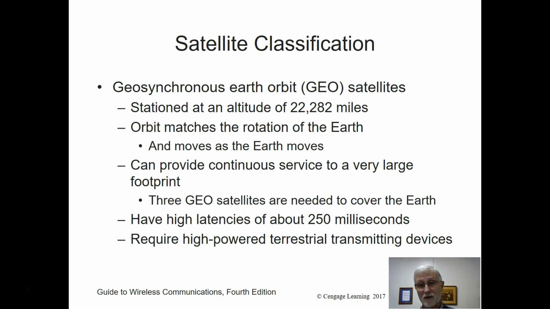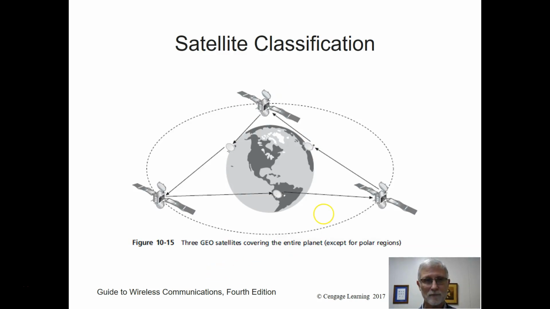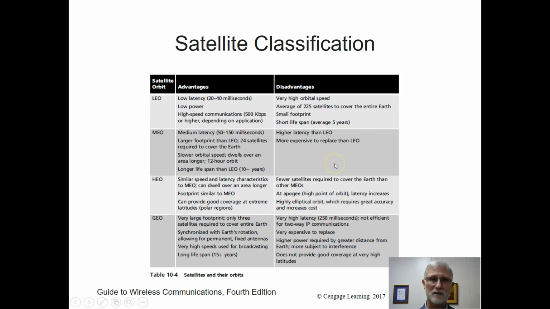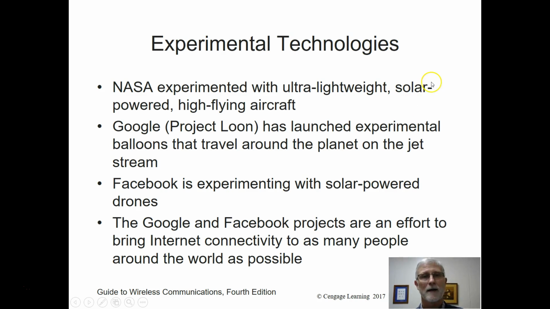Basically you need 3 of these satellites to cover the entire Earth. But here you've got a latency of 250 milliseconds. So most of us probably wouldn't want that kind of delay in our conversations or transmitting data. So, a rough idea there. Just to summarize: the classification, advantages and disadvantages.